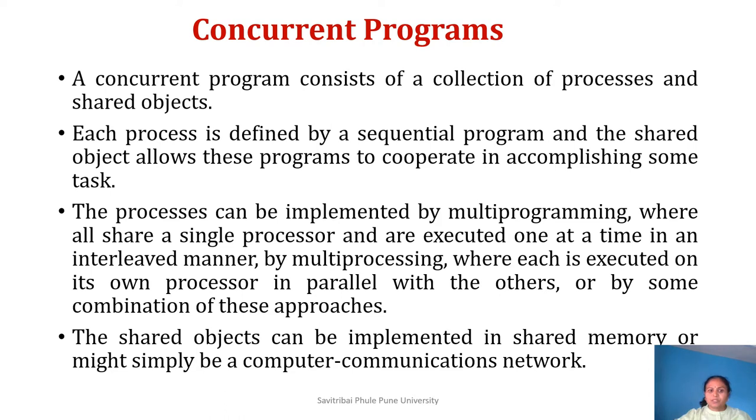The processes can be implemented by multiprogramming, where all share a single processor and are executed one at a time in an interleaved manner; by multiprocessing, where each is executed on its own processor in parallel with the others; or by some combination of these approaches. The shared objects can be implemented in shared memory or might simply be a computer communications network.